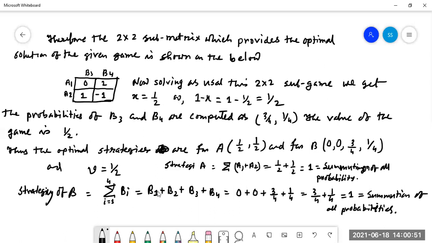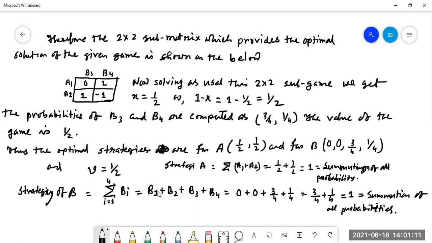Then the value of the game comes as half. That is the optimal solution. So for the answer we can write A equal to half comma half, B equal to 0 comma 0 comma 3 by 4 comma 1 by 4, and V, that means the value of the game, is equal to half.